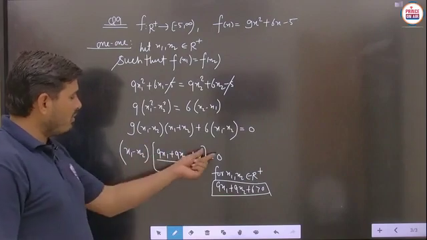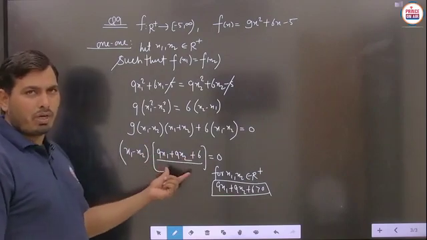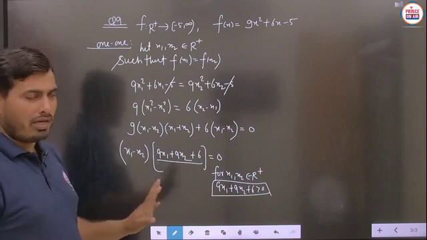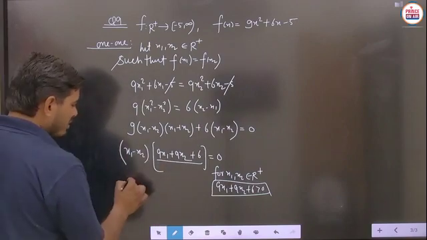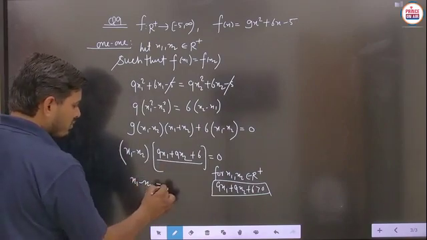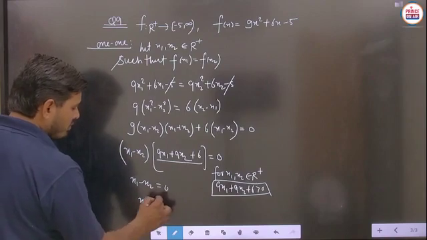This expression will be 0 due to the other part only, because this part will not be 0 anywhere. So you can say that x1 minus x2 equals 0, and x1 equals x2.